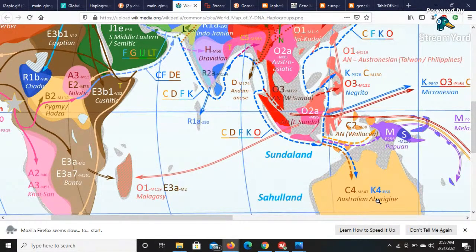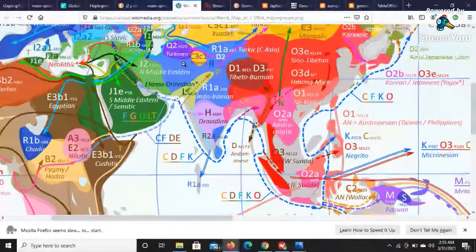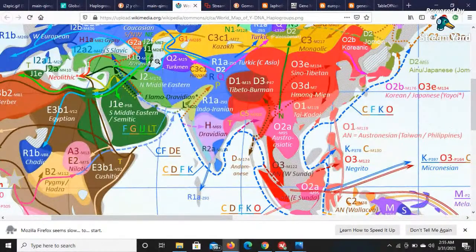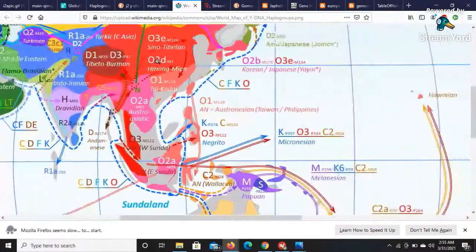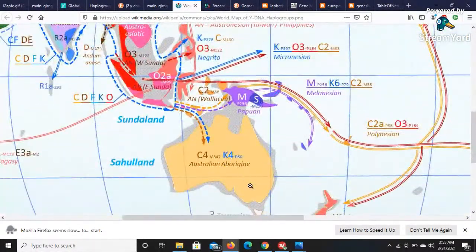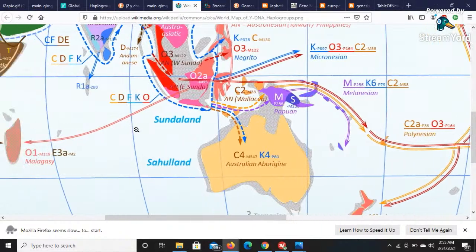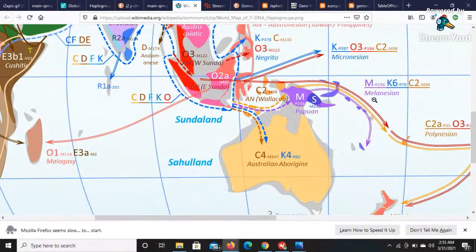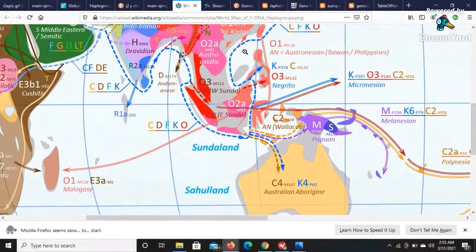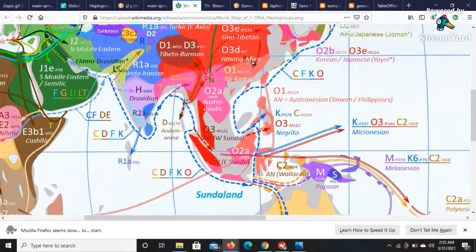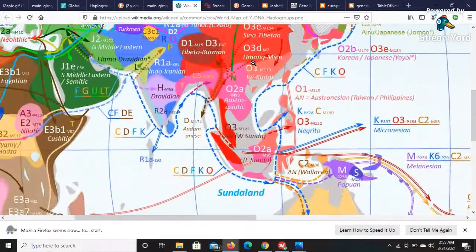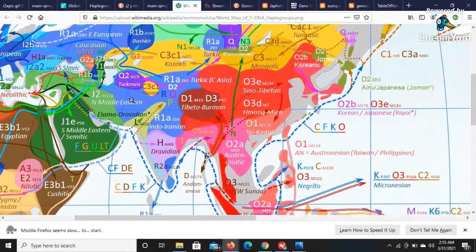So the K could be the Madai for that matter, because the K is all the way in Australia, all the way in Melanesia and Micronesia, Philippines, and yeah. Well, so we'll just say the Madai is a K.